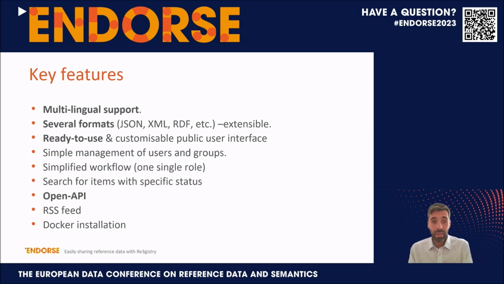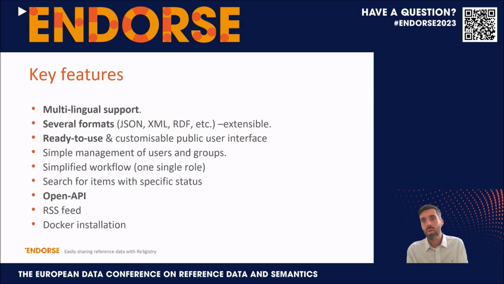The API, as mentioned before, allows the communication with other tools. For example, we have the registry federation tool, where different registries are communicating with each other. So if you have the information stored in one registry and you are using that information from your own registry, you don't need to store that information.